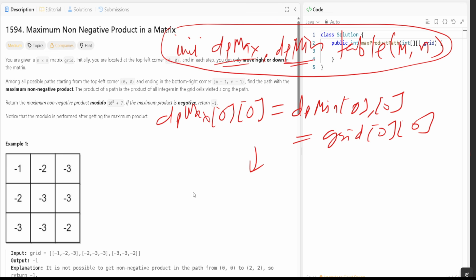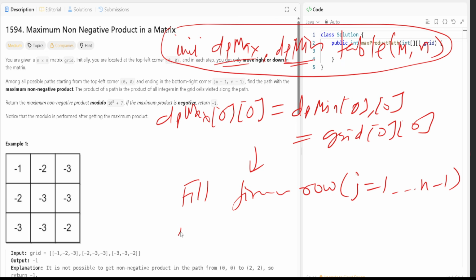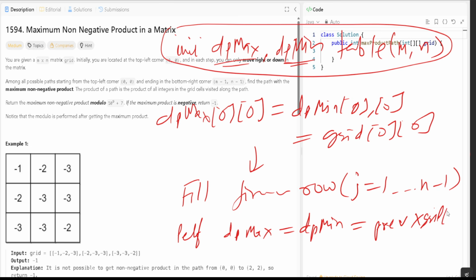Then you will fill the first row, where j goes from 1 to n minus 1. Only one source you will take, the left. The dp max and dp min are the previous value into the grid at 0 and j.